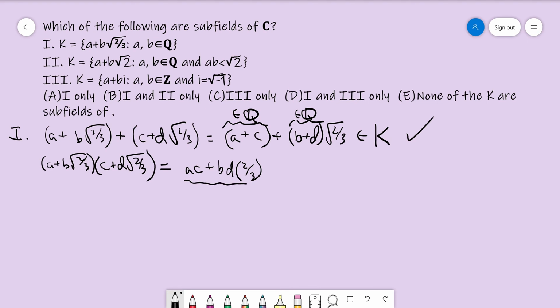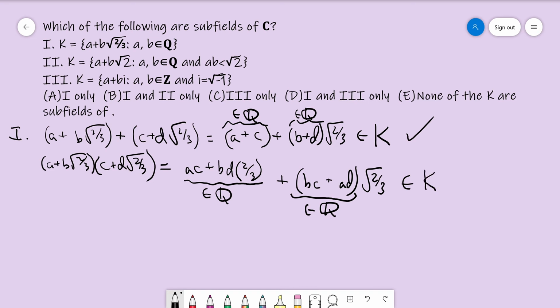Okay, this whole thing is a rational number, plus bc plus ad all times root 2/3. Now this whole thing is also a rational number, so this whole expression is a rational number plus some other rational number times root 2/3, so this has to be an element of K.